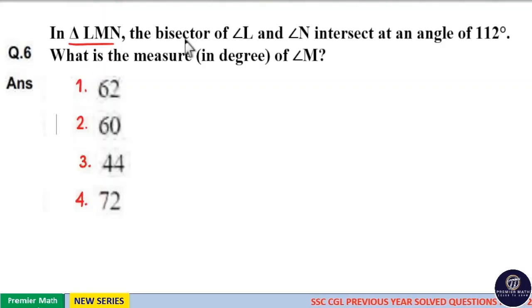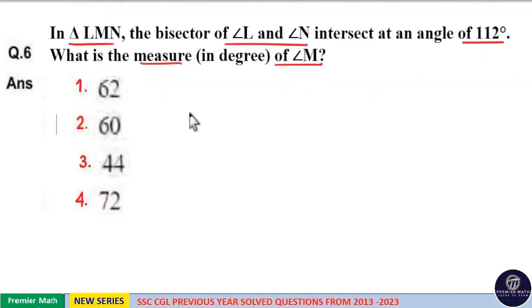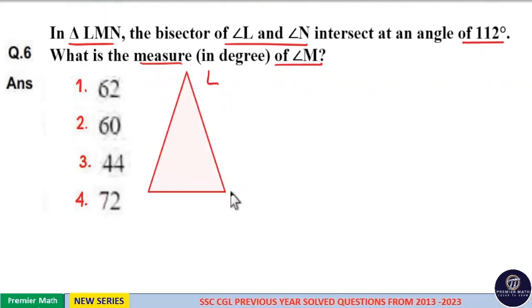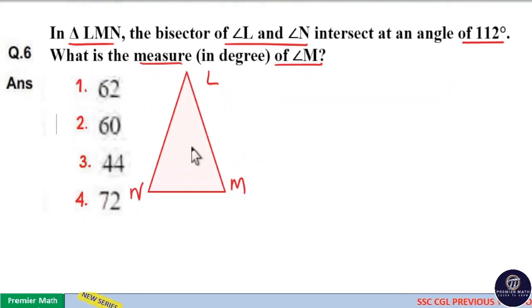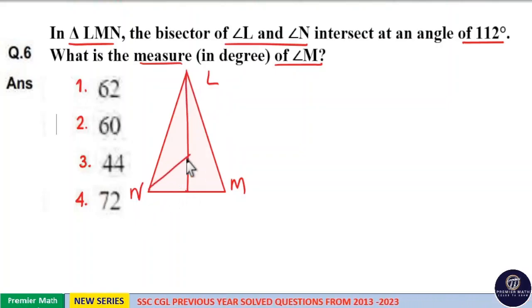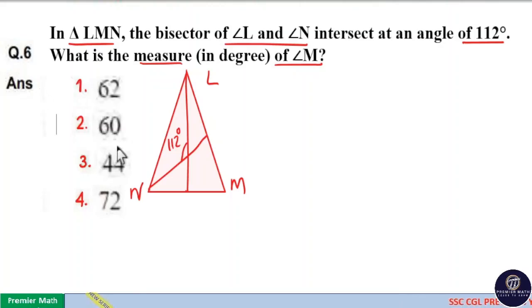In triangle LMN, the bisectors of angles L and N intersect at an angle of 112 degrees. What is the measure in degrees of angle M? Here, this is triangle LMN. Now, the bisectors of L and N intersect at 112 degrees.